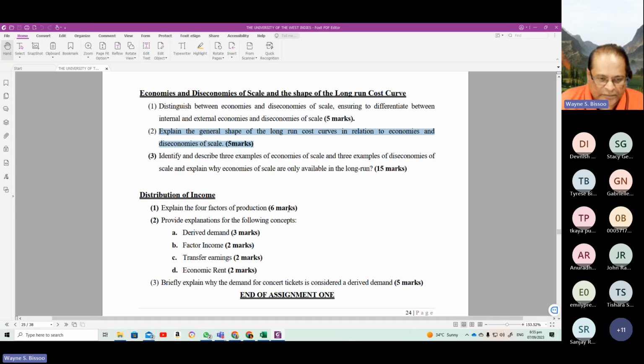Explain what the 4 factors of production are, and provide explanation for the following concepts: derived demand, factor income, and then explain why the demand for concert tickets is considered derived demand. So you'd be able to respond to these questions across the board there. And again, part 3 of this question is the question that you need to be responding to.